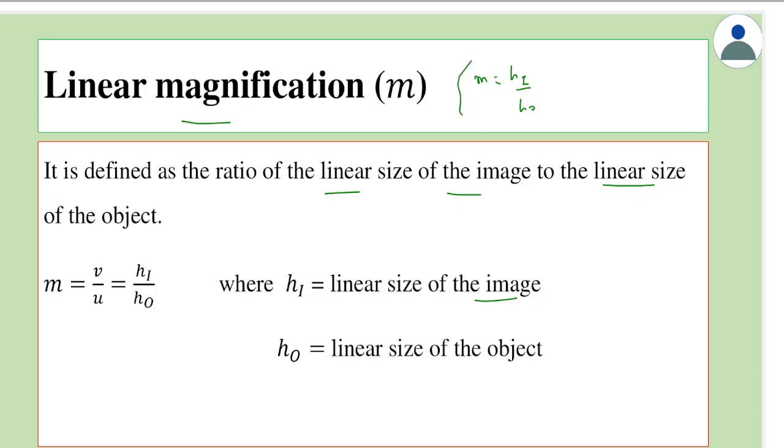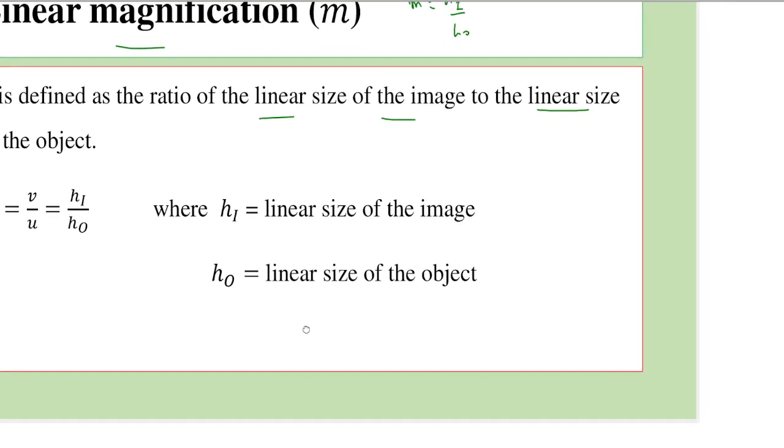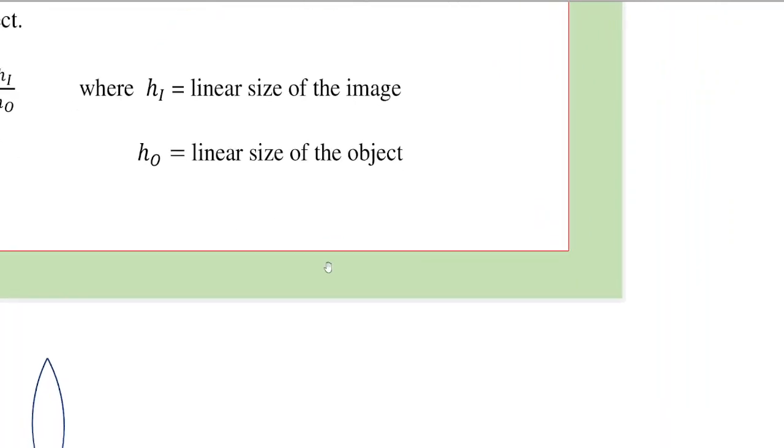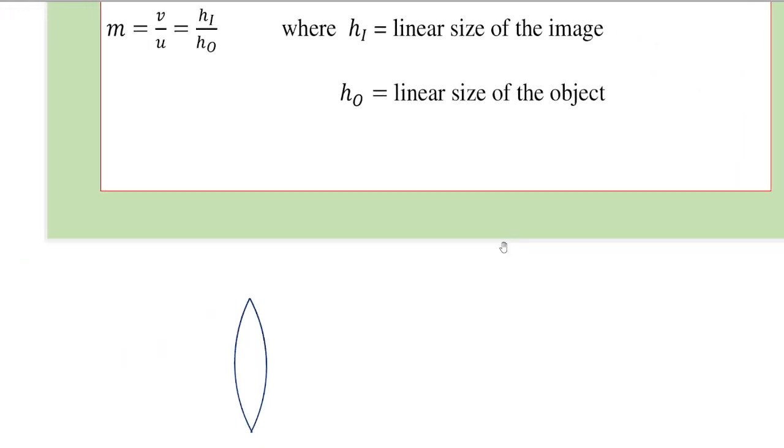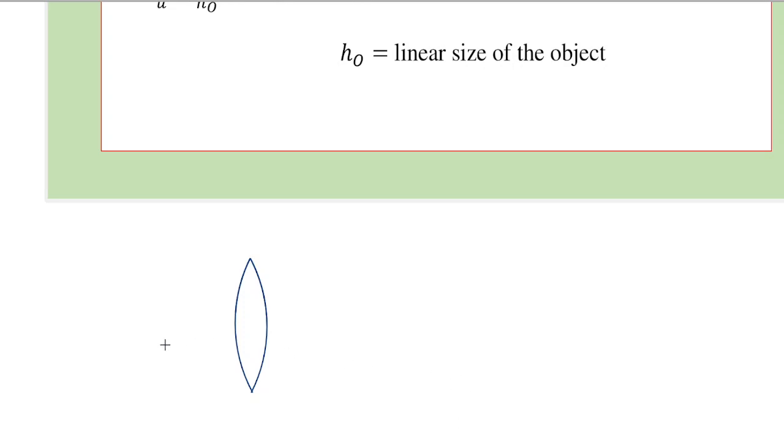So this is the definition of linear magnification. Let us solve it and see in case of any lens. We take a case where an object is placed in front of the lens like this.